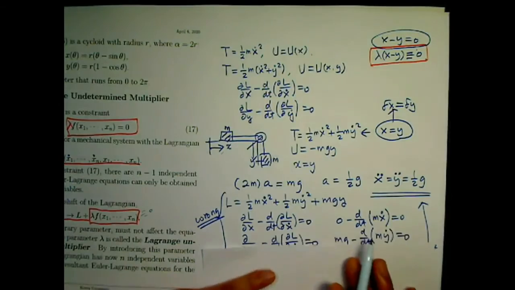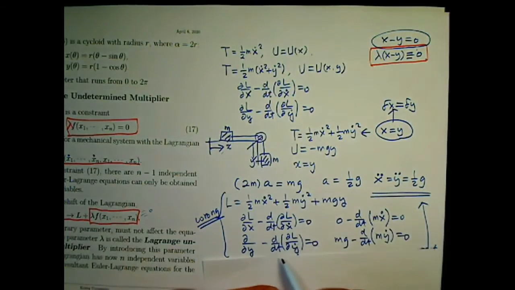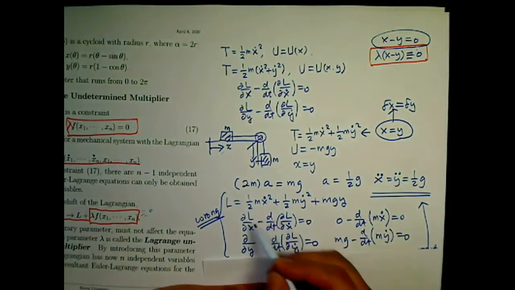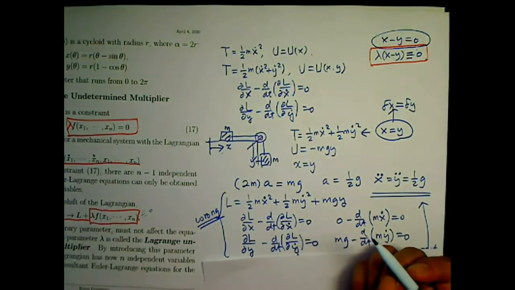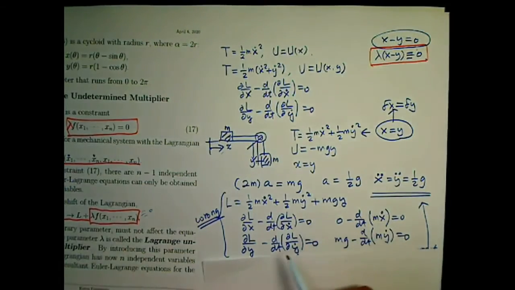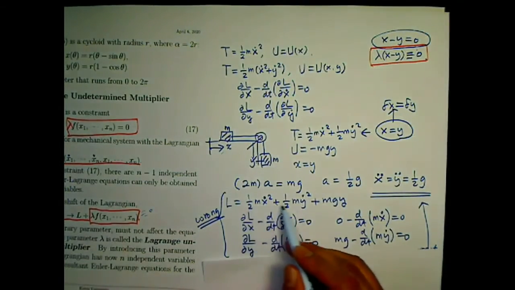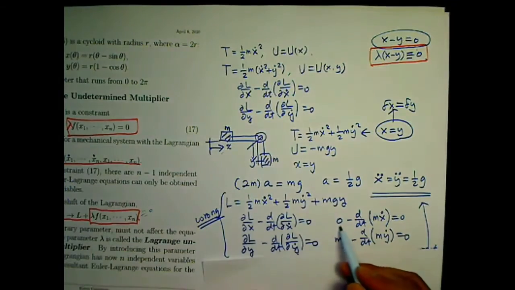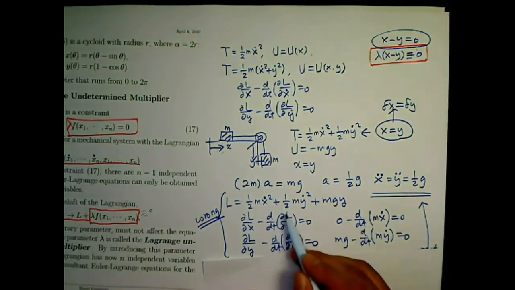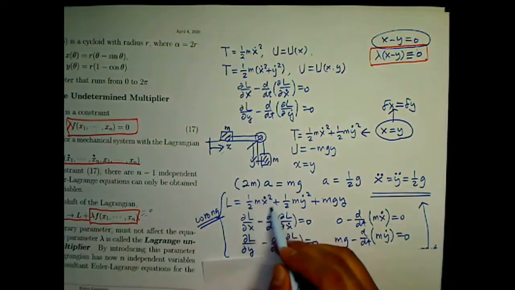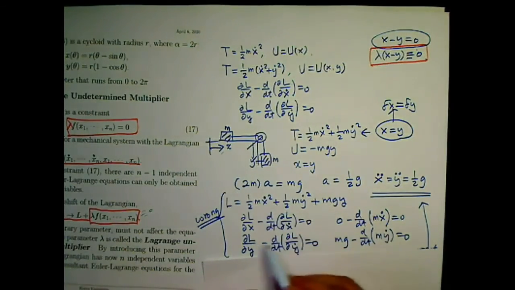Let us compute the two Euler-Lagrange equations, assuming that x and y are independent variables. In that case, there is no x dependence, so this one is 0, and this is minus d/dt of the linear momentum along the x-axis. The partial derivative with respect to x dot gives m x dot. The second one is y.